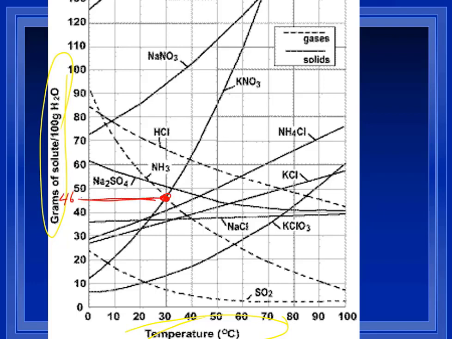Now I cool it down to 0. At 0, it holds 13 grams. So what I would see is, as I cooled it off, solids start to form. And the pile of solids on the bottom would weigh 33 grams. See where I got 33 from? So you can see the most I dissolve here, the most I dissolve there. Does that make sense how to read the graph? Good. All right.